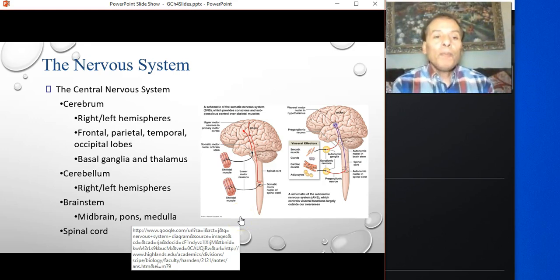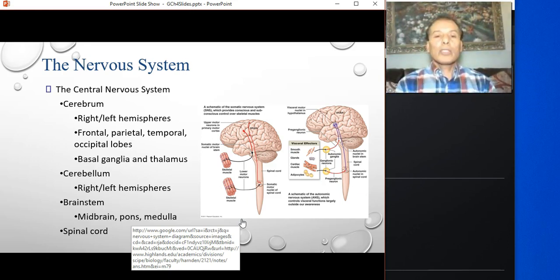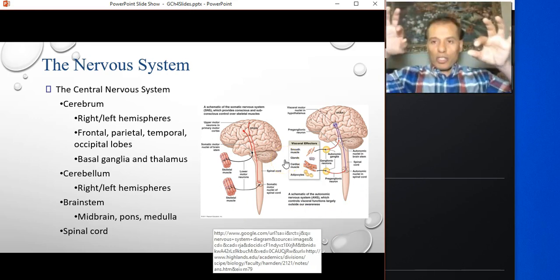Okay, so now we spoke about the cellular structure of the nervous system, very quickly. Now we're going to look at the anatomic structure for bigger areas of the nervous system. So we said that the nervous system has two big anatomic divisions.